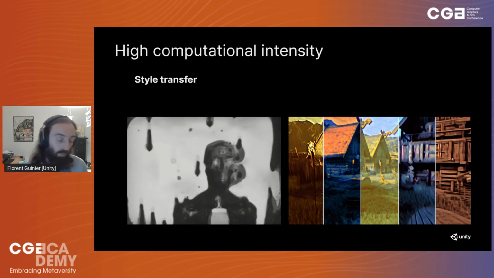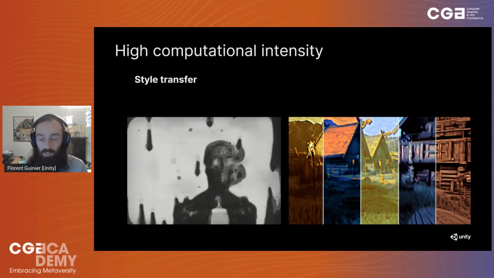For example, on the left here, it's actually a character from the Adam demo from Unity, and Jeremy Cole, who is an ML GFX lead at Unity, applied a style, I forgot the name, a Ferrofluid style on it, and that's quite awesome.